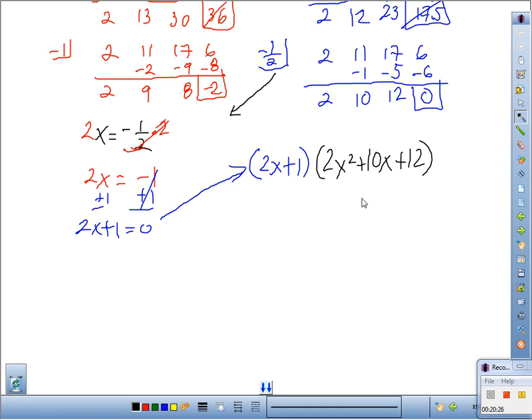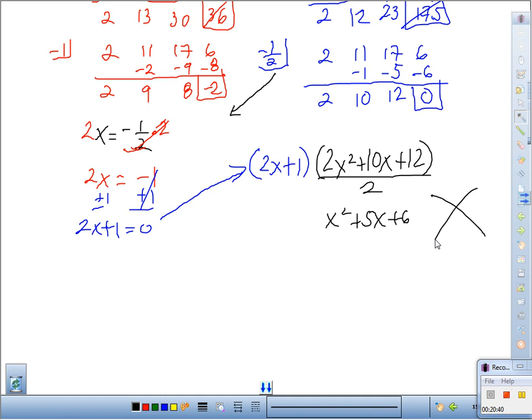All right. Can we simplify this one by a GCF? That becomes x squared plus 5x plus 6, and now we can factor that a lot easier, yes? Product of 6 that add up to 5. 2 and 3.